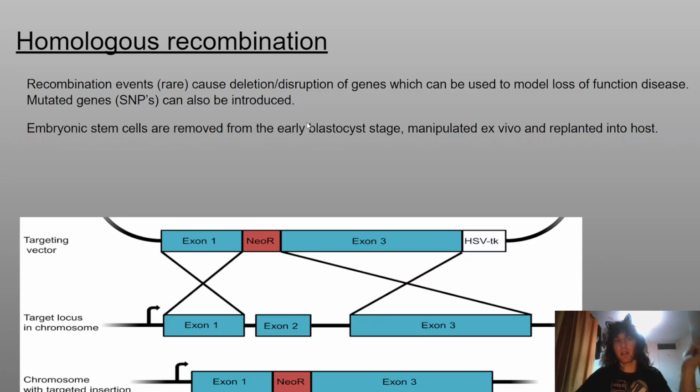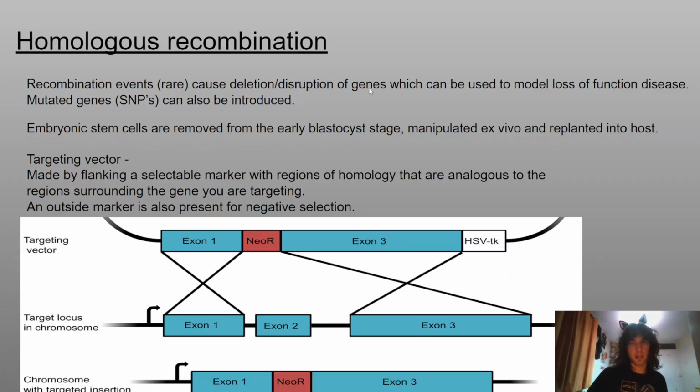You do this by extracting embryonic stem cells in the early blastocyst stage, manipulating them ex vivo, and then replanting them into a surrogate host, so that all of your cells contain the loss of function or the mutated gene.